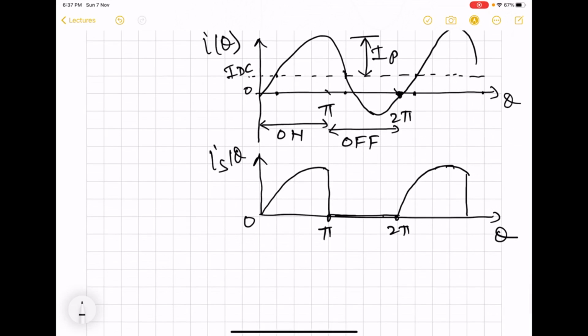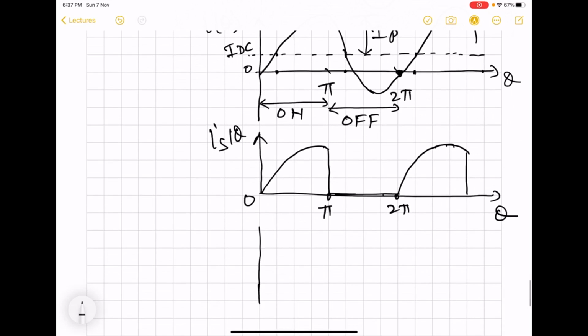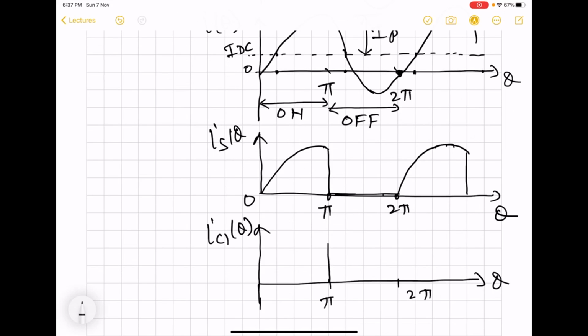The remaining part of the total current is going to be the capacitor current, the C1 current. It is going to be 0 for the first half, then positive, then negative, and then 0, like this.